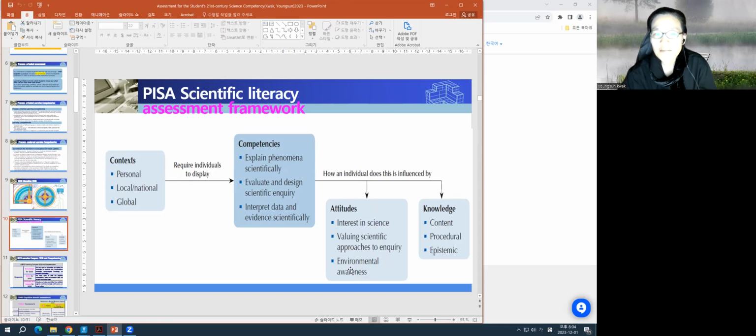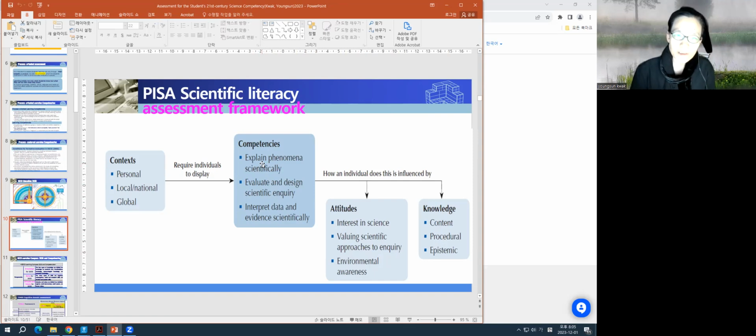And then finally, with all those components, you need to develop or show your science competencies, which is about, based on all this science knowledge and attitude, you need to explain a given phenomenon scientifically, or sometimes you need to evaluate or design scientific inquiry, or sometimes you need to interpret data or evidence scientifically.